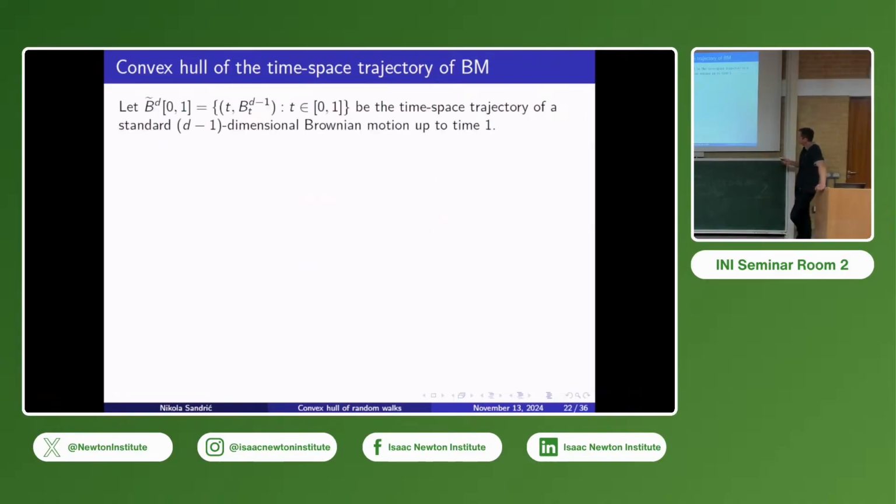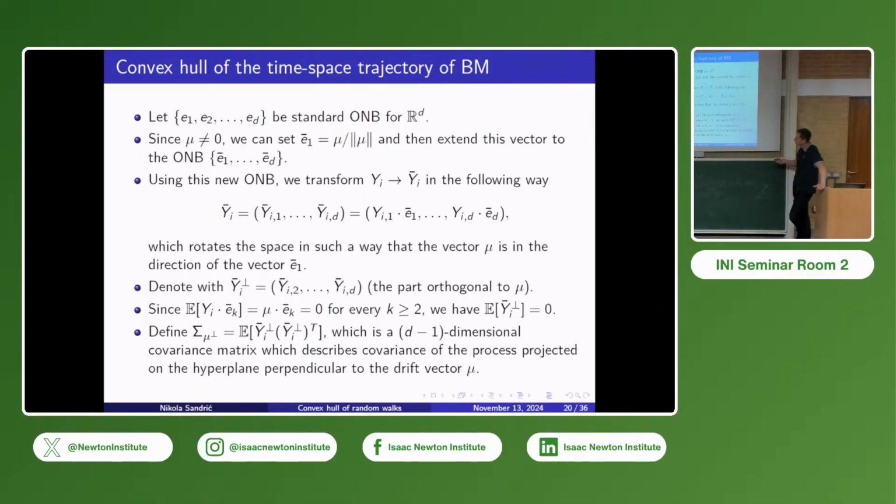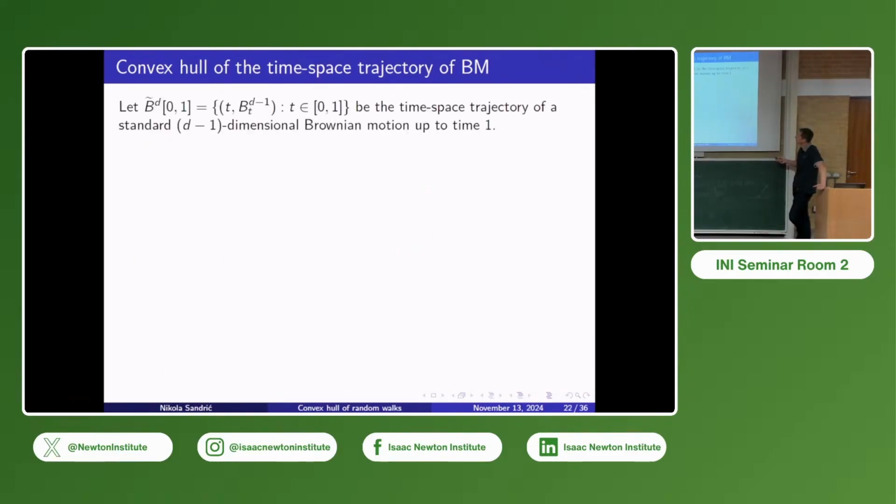Okay, and further, we don't expect any more Brownian motion in the limit, but we expect time-space trajectory of a d-1 dimensional Brownian motion, because this is exactly what it did with this transformation. Okay, so the first will be drift and the drift direction, and these d-1 objects will be just random walk, zero drift random walk, finite second moment.